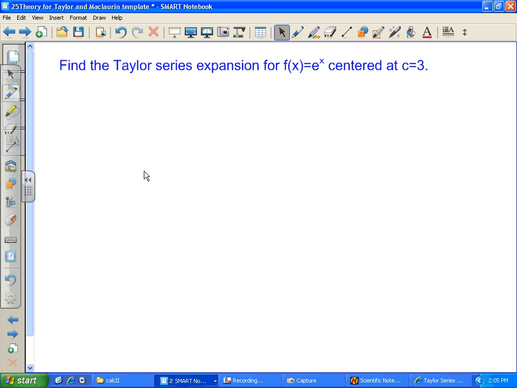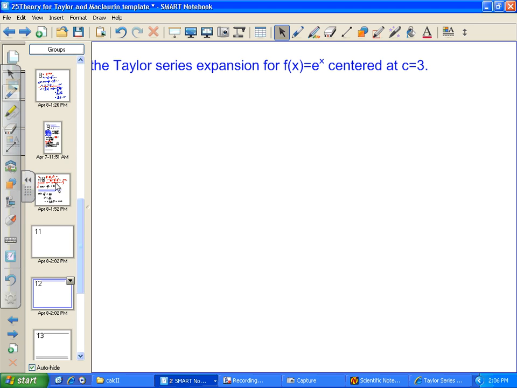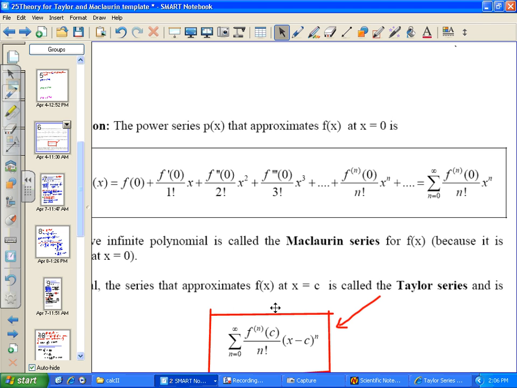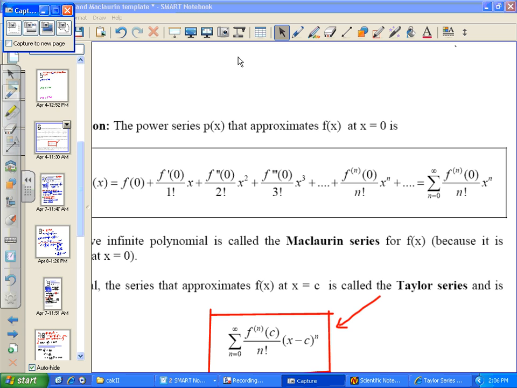Okay. Now, for this one, look back to your notes. What was the Taylor series polynomial or Maclaurin series like? On the bottom of that handout, we had seen the general formula for the Taylor series centered at c. I'm going to copy that over.